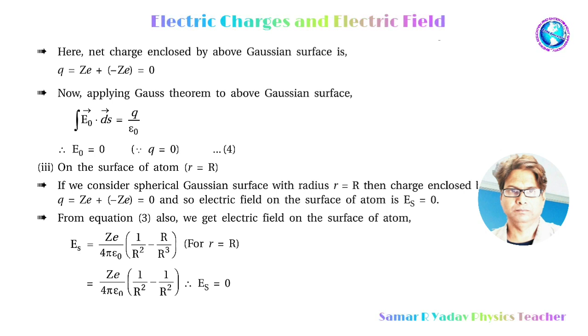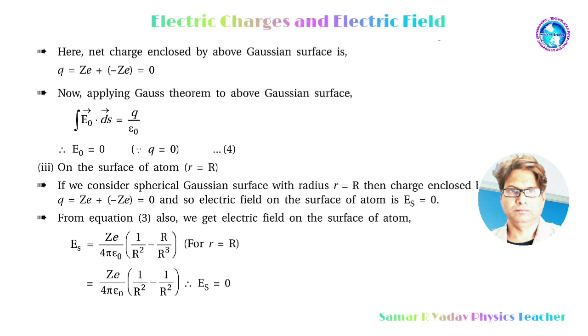Equation 4. Third, on the surface of the atom, small r is equal to capital R. If we consider a spherical Gaussian surface with radius small r equal to capital R, then the charge enclosed by it is also small q equal to capital Ze plus in brackets minus capital Ze, which is equal to 0, and so the electric field on the surface of the atom Es is equal to 0.